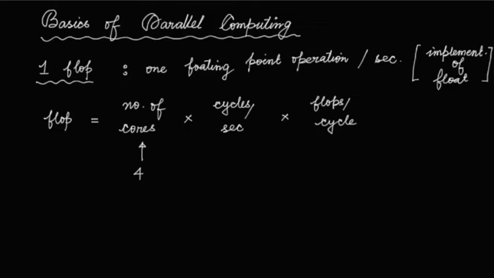So if I have a 2 gigahertz machine, and I am just cooking up the numbers, the cycles per second will be much lesser. I just consider it as 2 gigahertz divided by 8, so 1 by 4 gigahertz is the number of cycles it can do in 1 second.